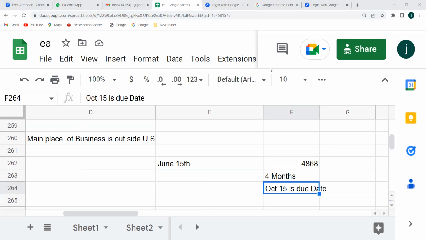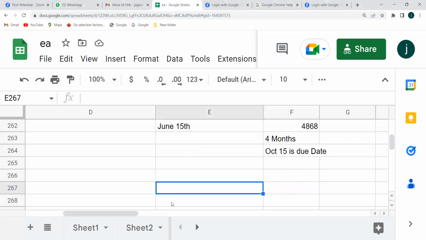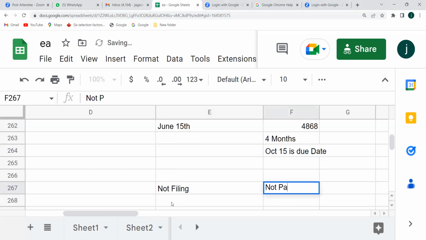So if you are not filing or not paying within the due date, you need to pay penalty as well as interest. Penalties will be 5% in case of failure to file, and 5% per month on unpaid tax dues. So there are two points here: not filing, or not paying within the due date.